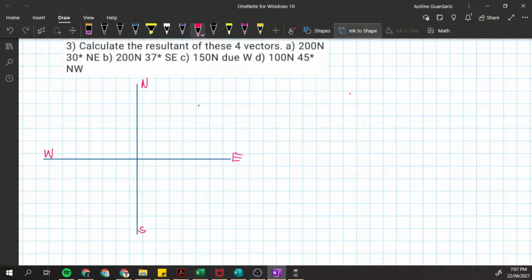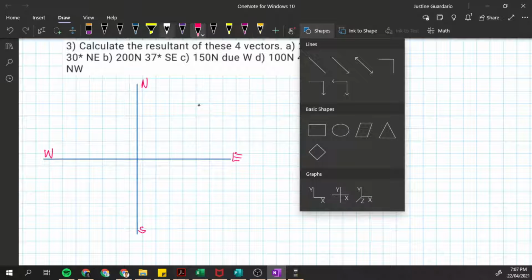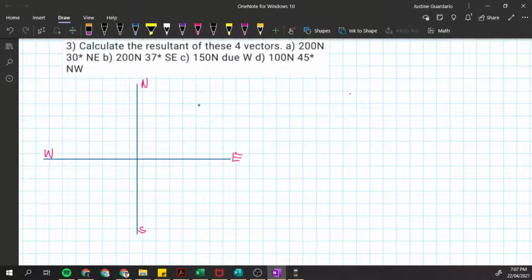So, the first one is a vector na 200 Newton yung haba. Okay? So, starting from that one, papunta daw sa east, north of east. So, let's draw na lang. Okay.